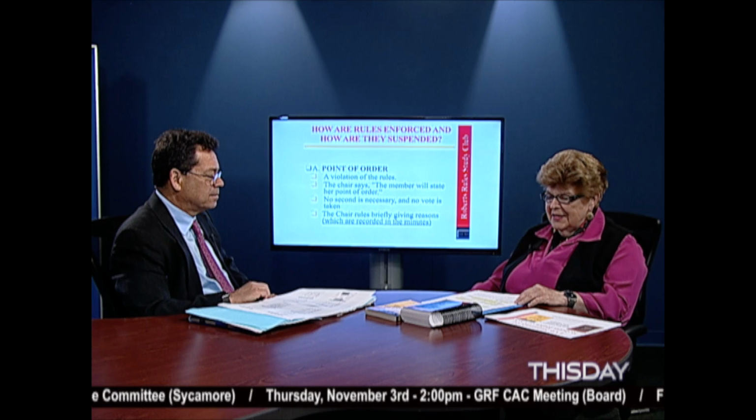Yeah, because it's the group as a whole, not the chair, who's the final authority. The group is the final authority, whether the rules have been violated or not. So you appeal to the group as a whole, and then disagree with the ruling by the chair. So it can become a whole other point of contention, right?